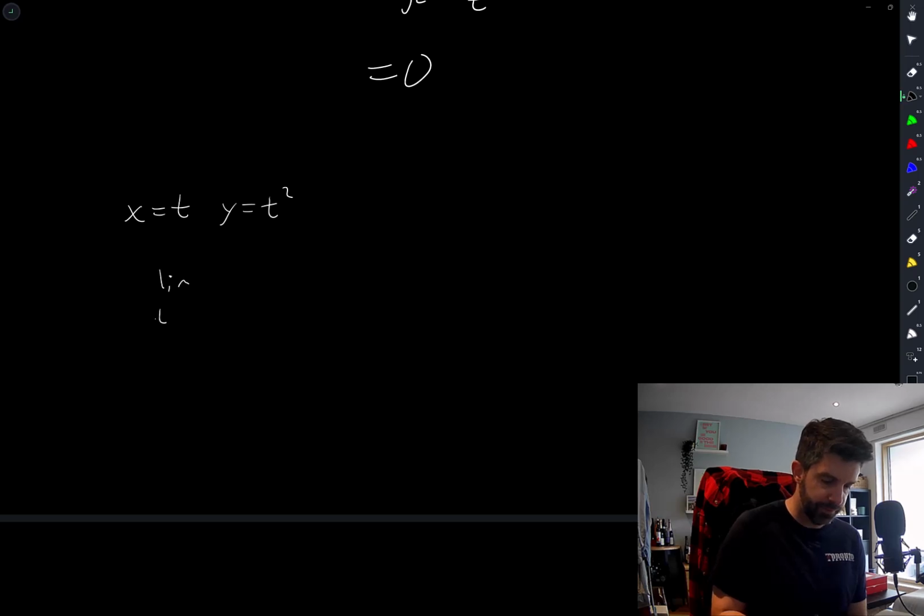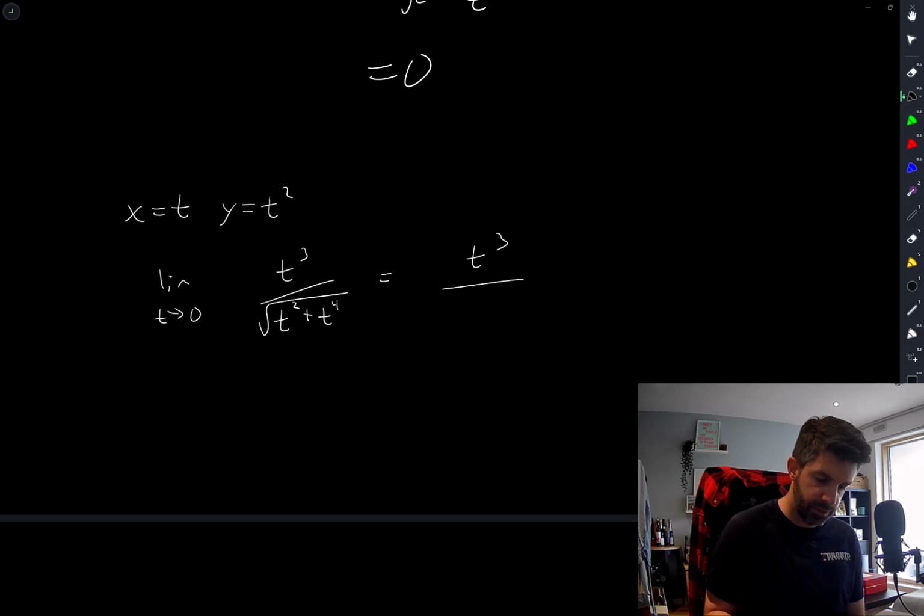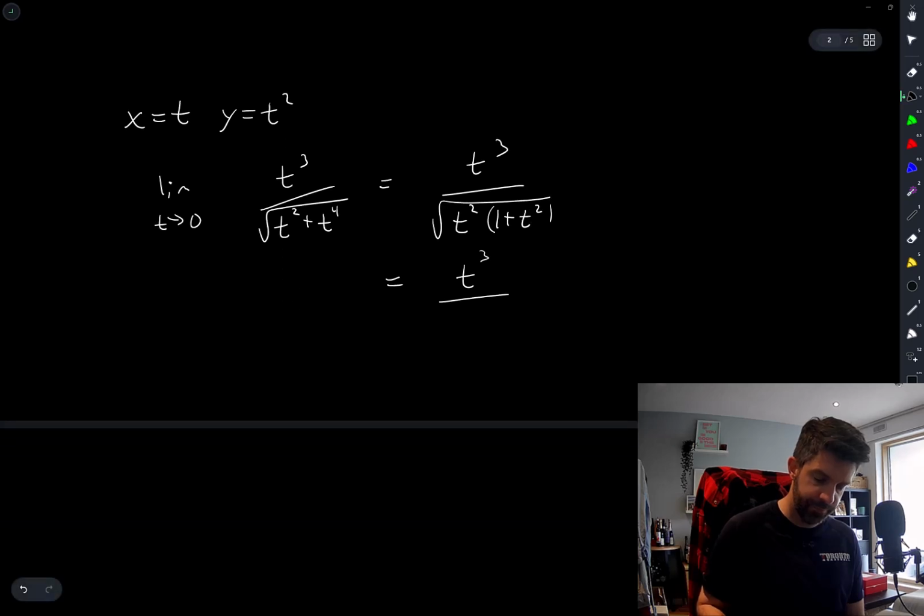Then we have a limit as t goes to 0, t cubed divided by t squared plus t to the 4 under square root. We factor t squared out of the bottom. So this is t cubed divided by t times the square root of 1 plus t squared. That still goes to 0.